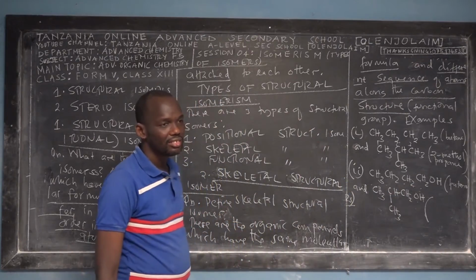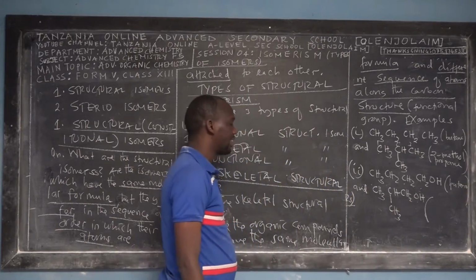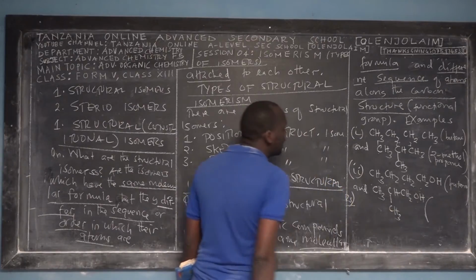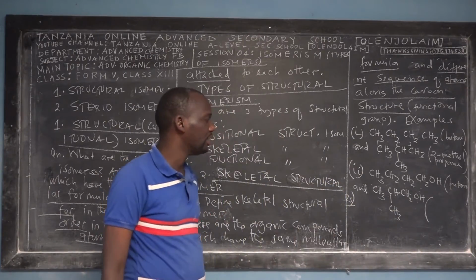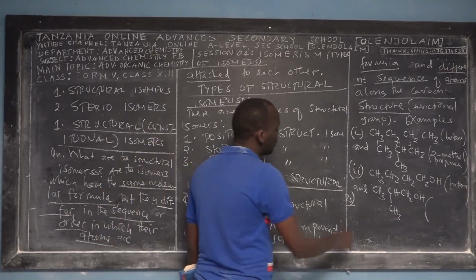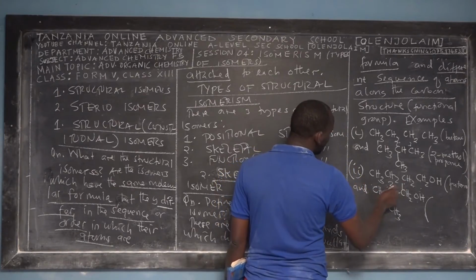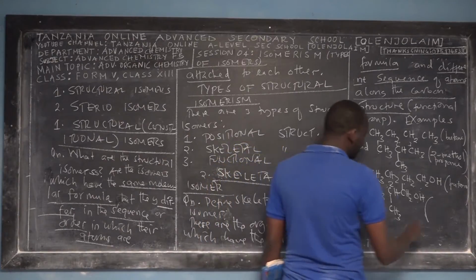The distance is kind of the same, but remember the preference that you have to take here is the carbon which carries the functional group, which is OH. So we can start from 1, 2, 3, and 1, 2, 3, but this is preferred because it contains the OH group, right? So this one is called what?